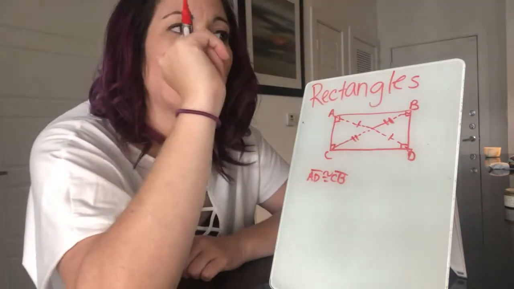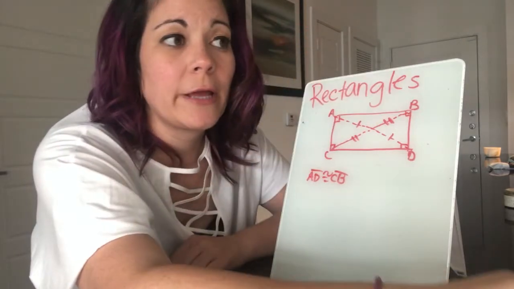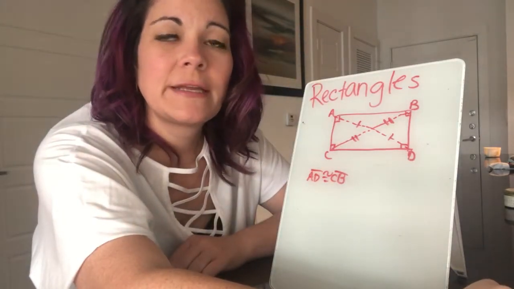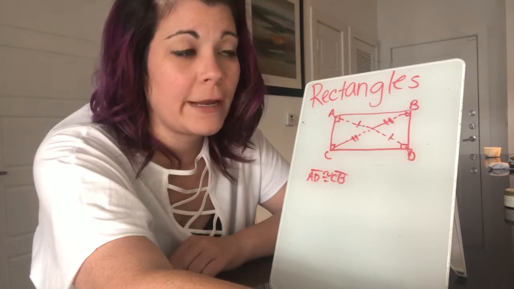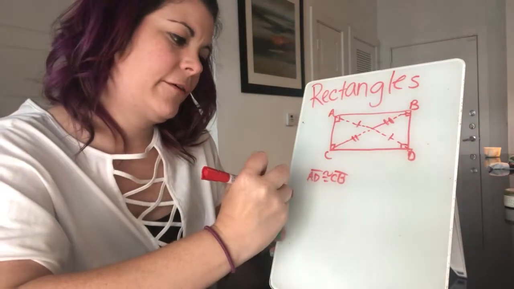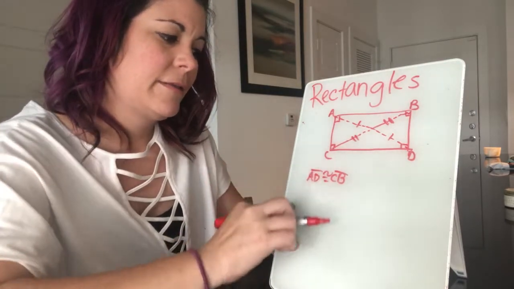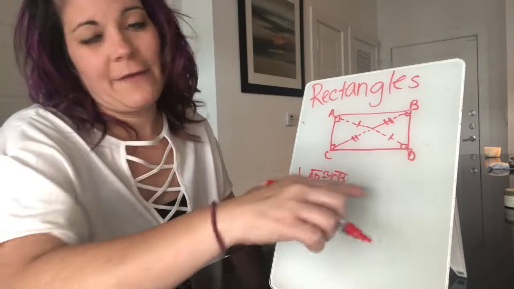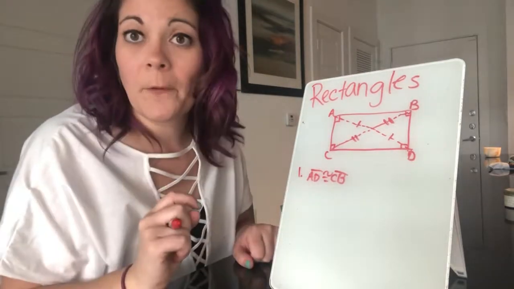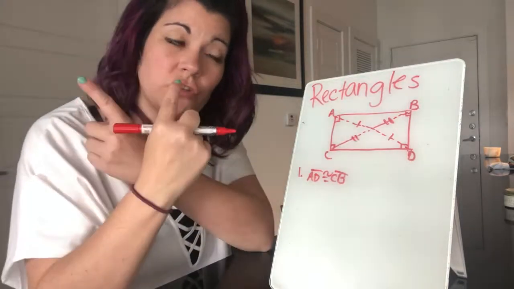So here are the theorems of a rectangle. If a parallelogram is a rectangle, then its diagonals are congruent. Remember, the definition says that it has four right angles. The theorem says, so here's theorem 1, if it is a rectangle, then the diagonals, which I already have up here, are congruent. And then you can do the converse of it. Remember, the converse is just when you switch it.